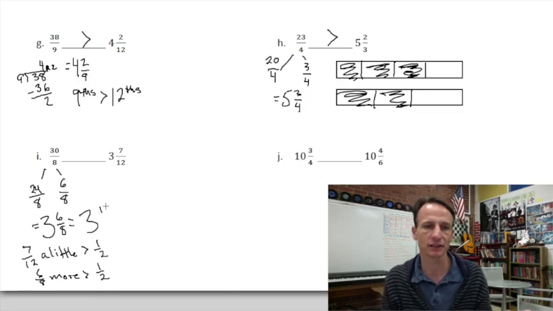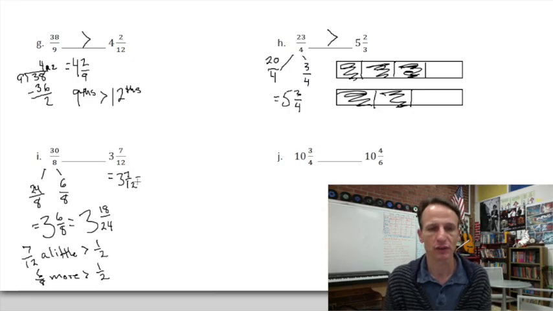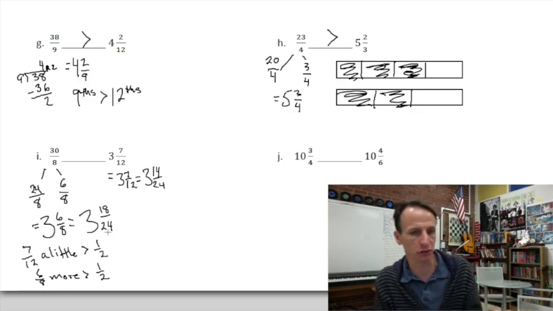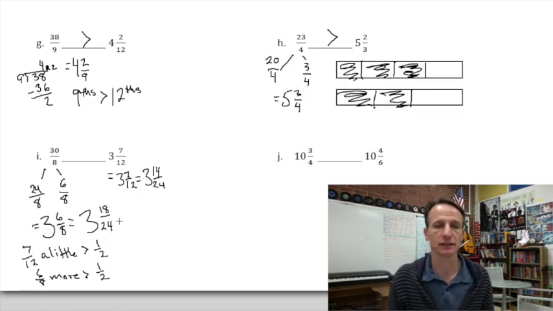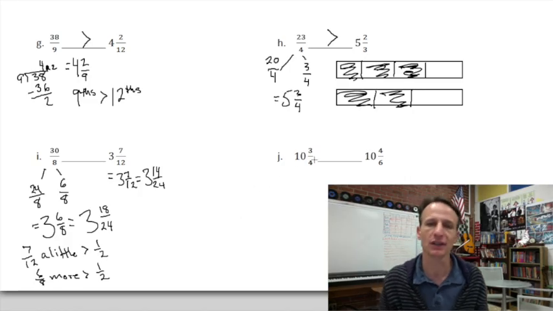So that's 6 times 3 is 18, and 8 times 3 is 24. 7/12 in 24ths: we're going to multiply the 12 times 2 to get 24, so 7 times 2 is 14. That also confirms for us, if we find a common denominator, that yes, indeed, 6/8 is more than 7/12.